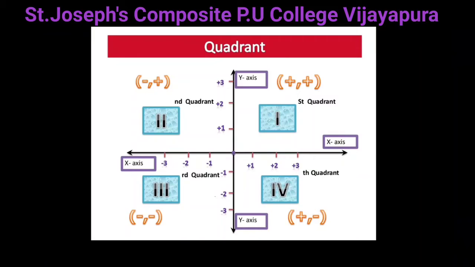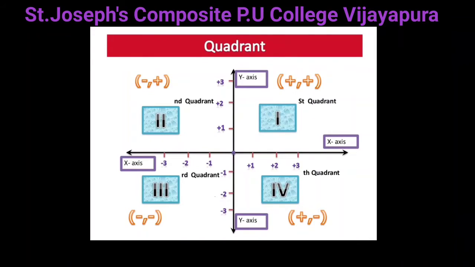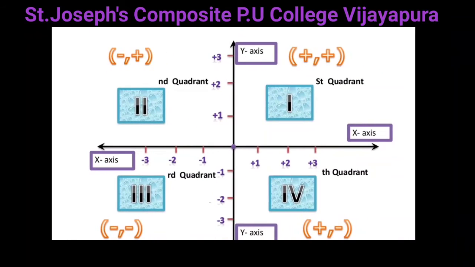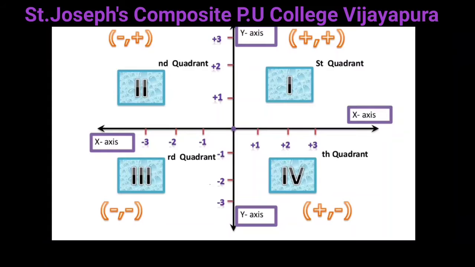That is, the given plane has 4 equal divisions by the origin, called quadrants. That is the first quadrant, second quadrant, third quadrant, and fourth quadrant.